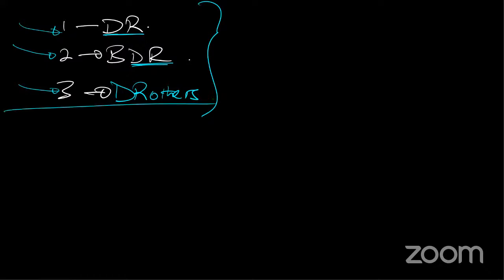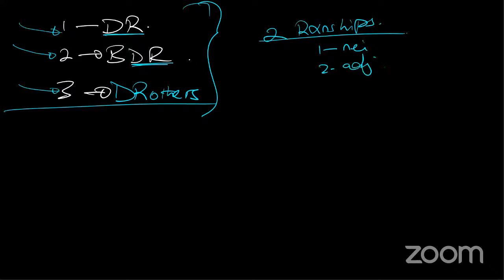What I want you to master is what relationship, because we have 2 types of relationships. We have neighbor relationships and adjacency. What I need you to master is which relationship is formed between a DR and BDR.